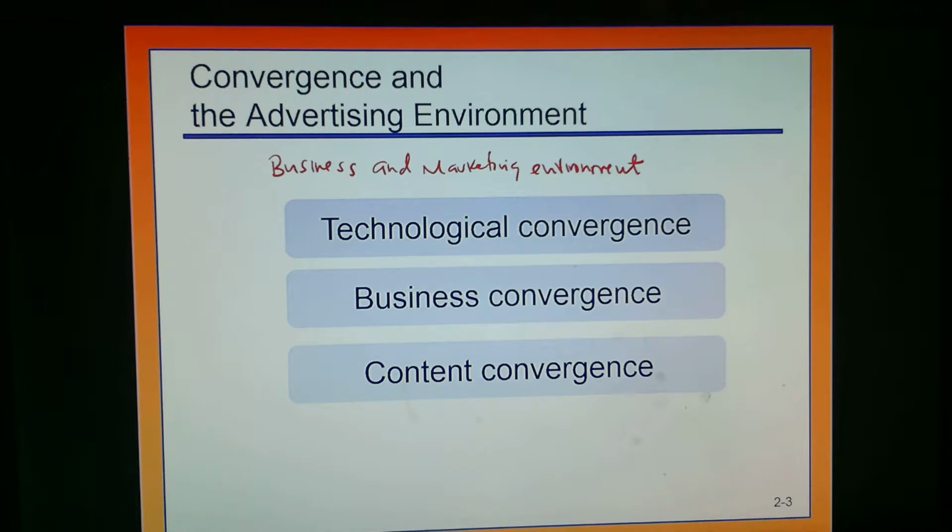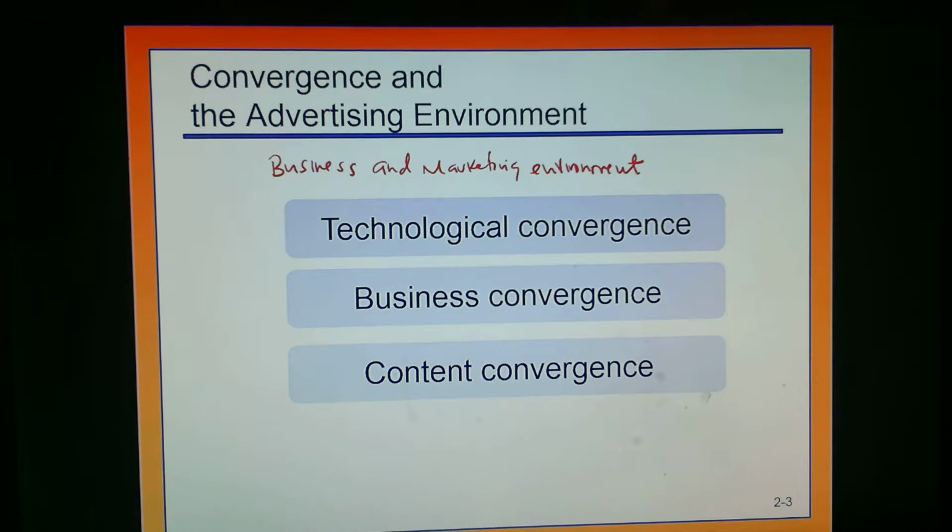And one of those elements of the business environment is always technology. So we also see some changes in technology, and they tend to affect the overall goals of the business.